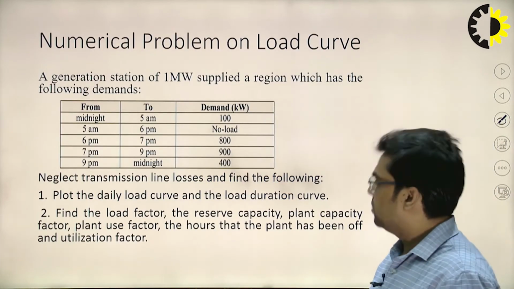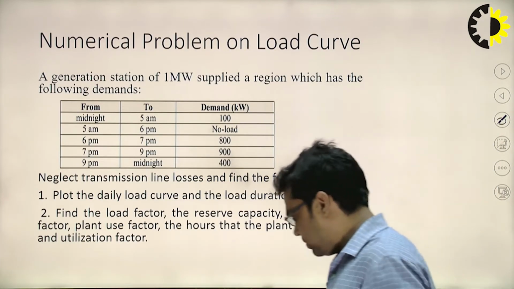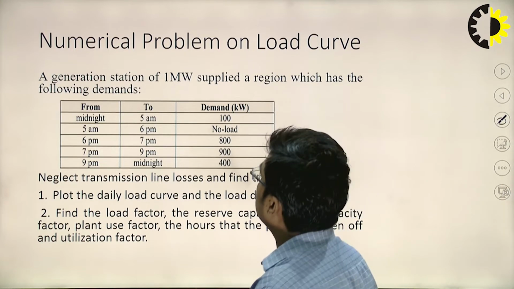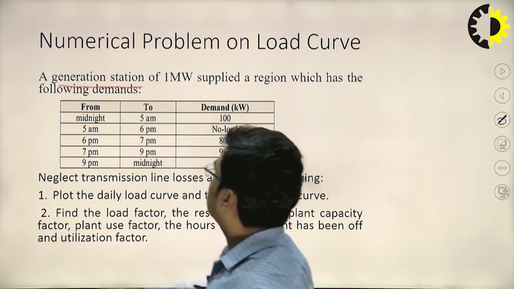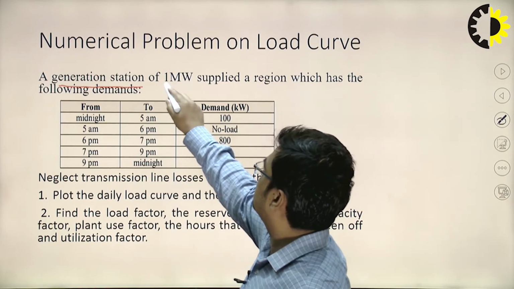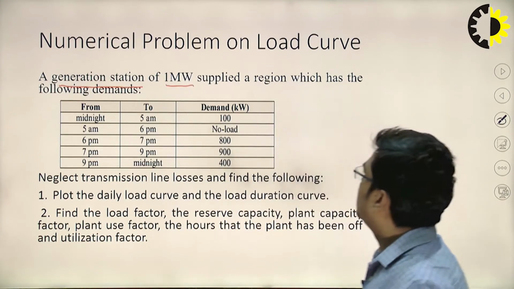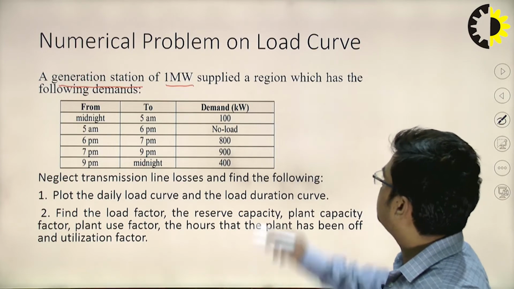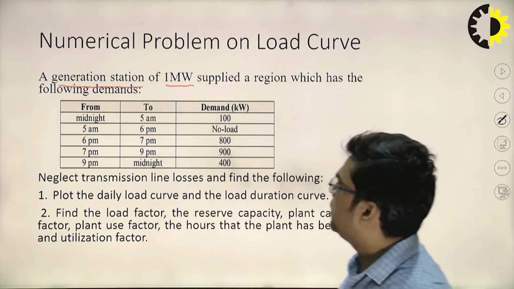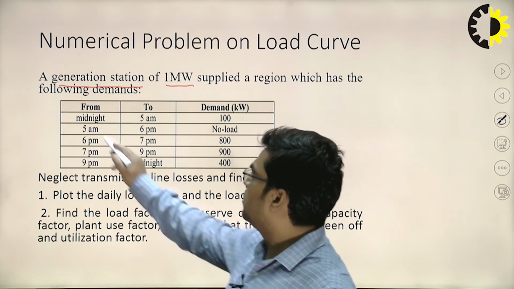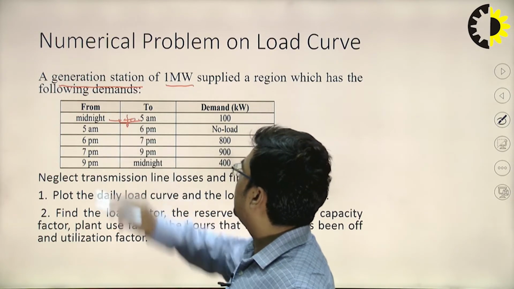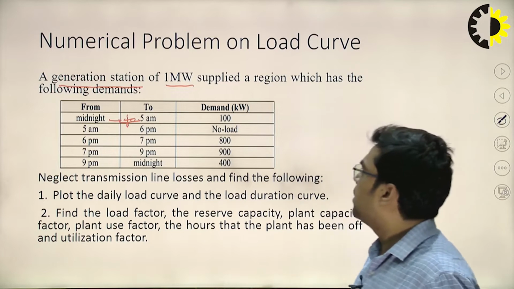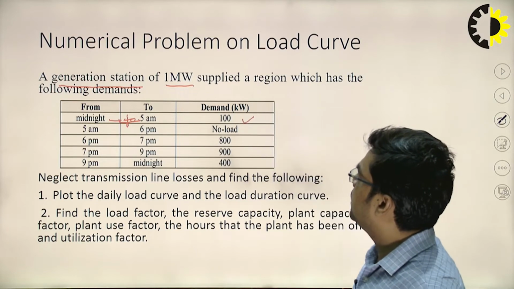So first of all, this is the first numerical based upon the load curve. Suppose a generating station of 1 megawatt supplies a specific region which has the following demand: from midnight to 5 am, the load demand is 100 kilowatt.